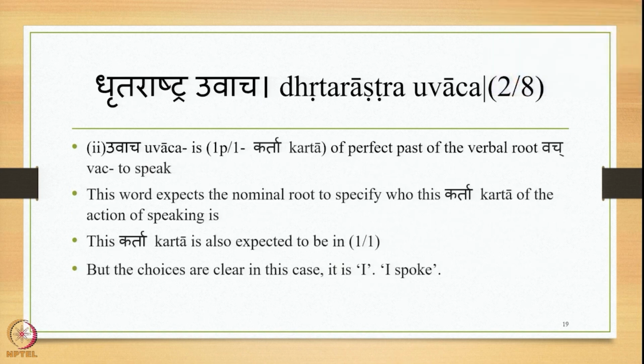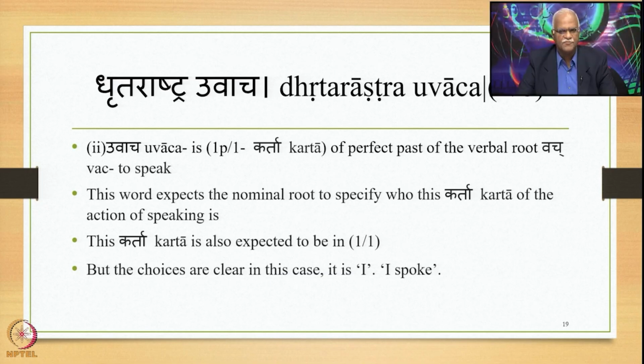The second explanation is that Uvacha is first person singular karta, 1p/1, of perfect past of the verbal root vacha, to speak. This word expects the nominal root to specify who this karta of the action of speaking is. This karta is also expected to be in 1/1, but in this case the choices are clear because this first person singular is nothing but I. So the meaning of this Uvacha is I spoke, without uttering the word I.